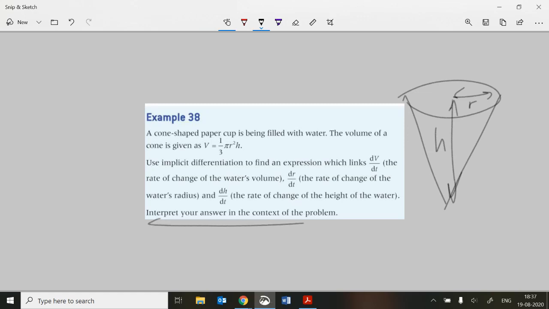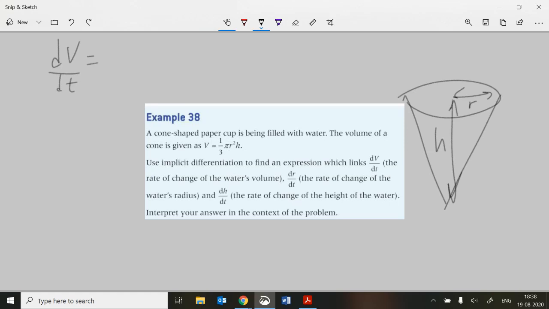Then it says interpret your answers, answer in the context of the problem. So we're looking at this and thinking, well, how do we create dr/dt and dh/dt? Well, maybe I'm not sure to start off with, but I know that I can just apply d/dt to this thing here, and I know everything else is in terms of t as well. So what I'm going to do is use d/dt as an operator on V. And I can see that this is not defined in terms of t.